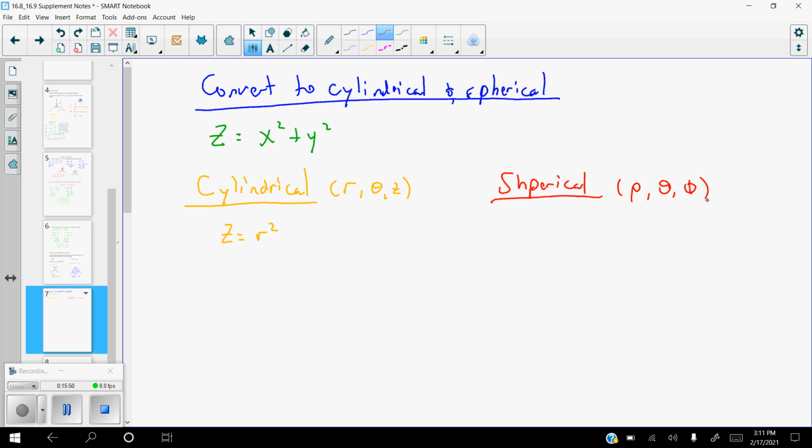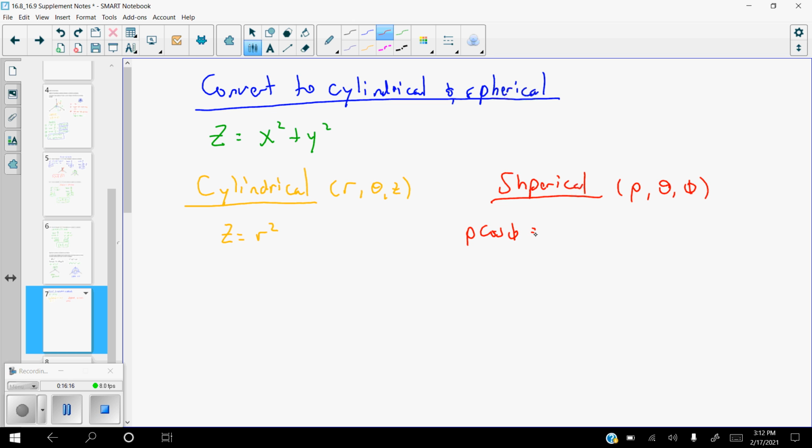Okay, I'm going to go from rectangular, although it doesn't matter. z is going to be the same thing as rho cosine phi, and that comes from one of our transformation equations.